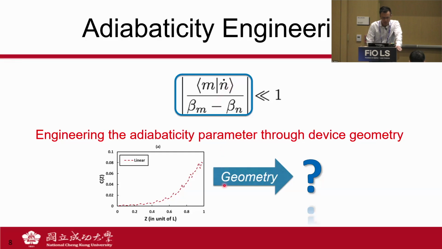Which means if we know the adiabaticity of a particular device, then we should be able to redistribute this parameter, or design its distribution, through geometry design and optimize it.